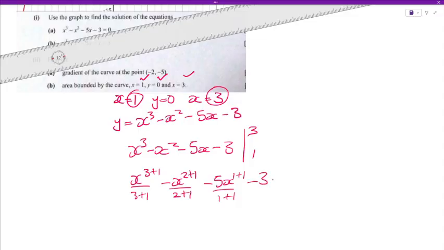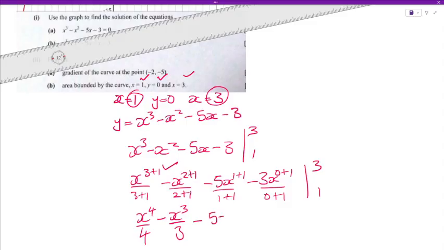Whenever integrating a constant, you need to add an x, raise it to the power of 0, add a 1 over 0 plus 1. Then there you have your upper limit and your lower limit. Here when we solve, we're going to get x to the power 4 over 4 minus x to the power 3 over 3 minus 5x squared over 2 minus 3x.